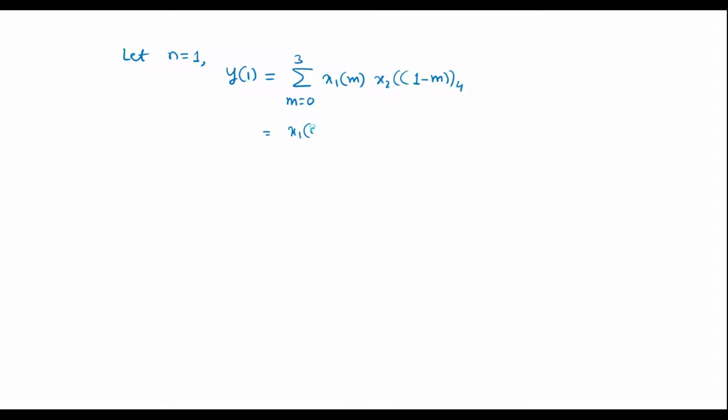I can write x1 of 0, x2 of 1, plus, let me take m equal to 1, so it will be x1 of 1, x2 of 1 minus 1 is 0, plus x1 of 2, x2 of 1 minus 2 is minus 1, plus x1 of 3, x2 of 1 minus 3 is minus 2.